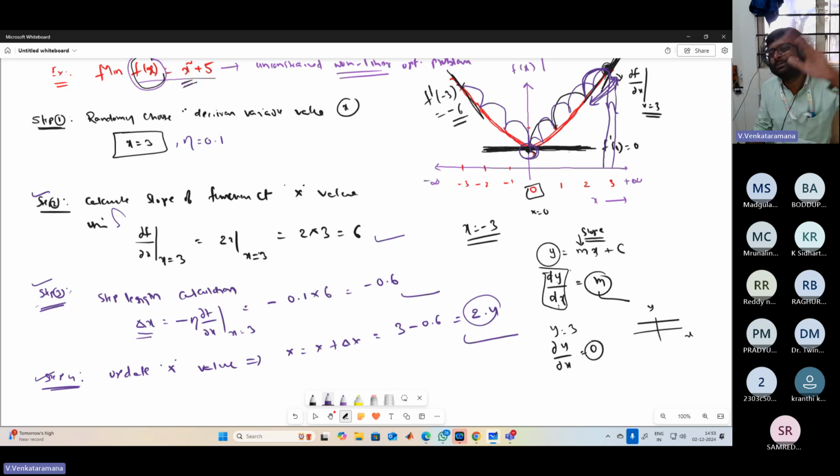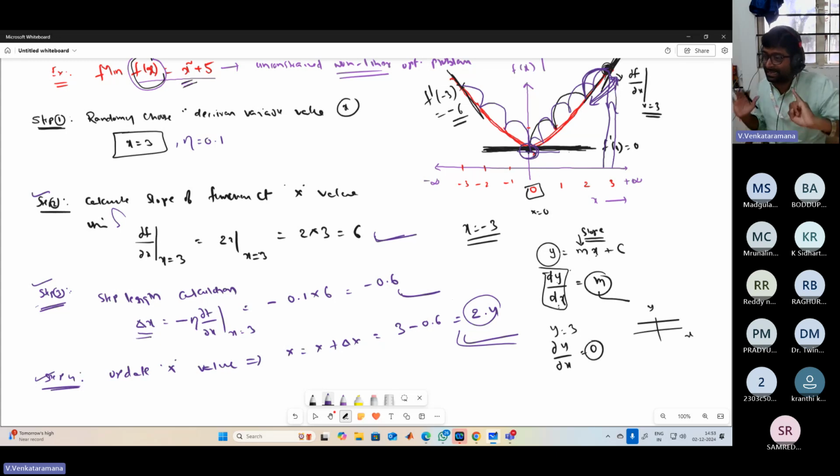Again with the new x value, calculate the gradient, calculate the step length, and update x. 3 iterations are completed. This process will be repeated until your slope equals 0, which is the convergence criteria. Convergence criteria may mean the slope equals 0, but that is not good in the deep learning case.